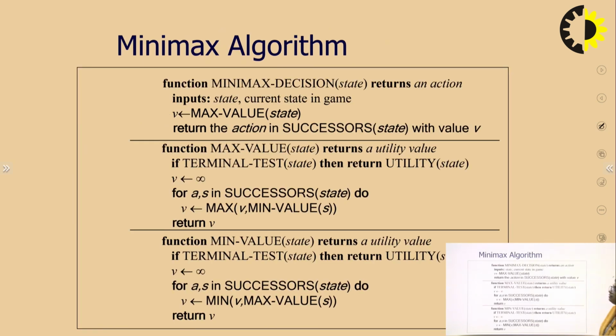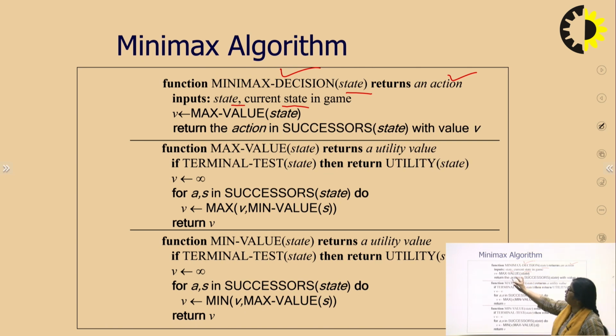So this is our algorithm. What is the algorithm? We have to decide which action is to be taken. So we are given the current state and we have to decide the action. So the inputs are the states and the current state in the game. What will the minimax decision be?